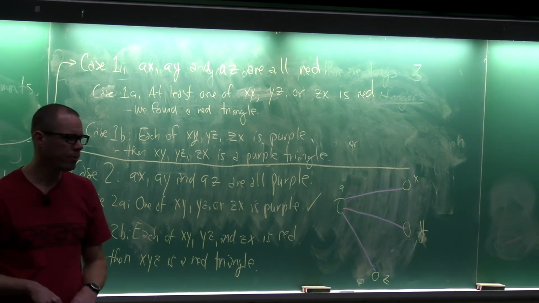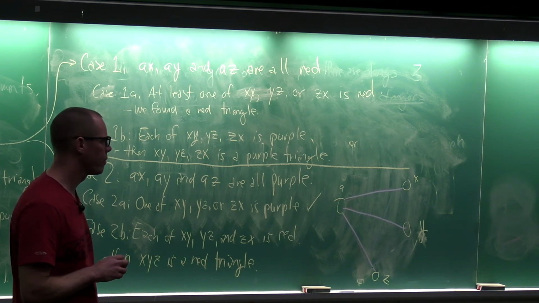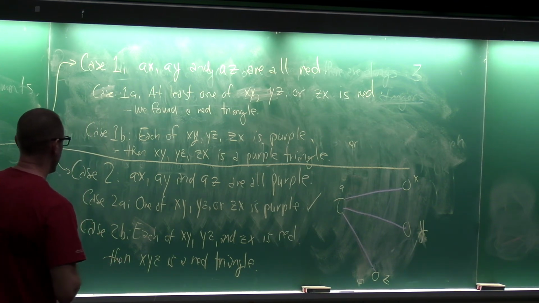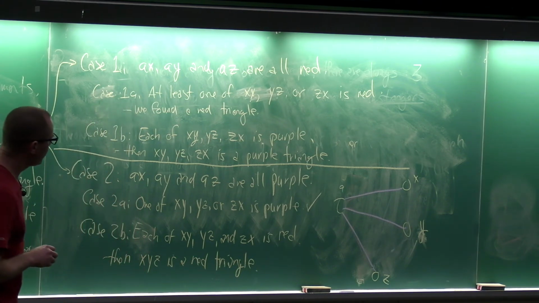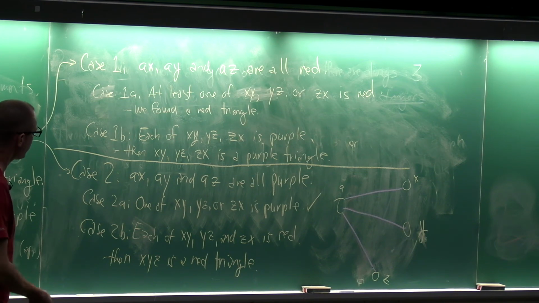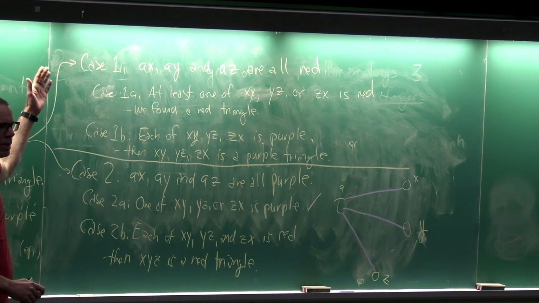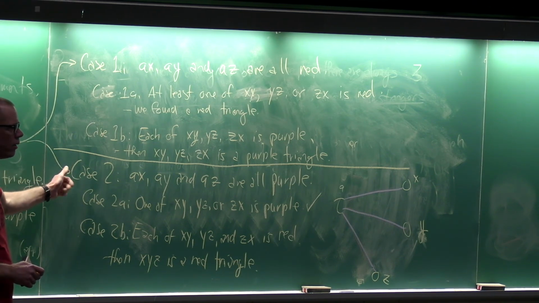Yeah. I'm looking at possibilities because in case AX, AY, and AZ are purple, or in case they're all red, are you looking at possibilities? Are you doing it based on this one? Yeah, I mean, in this particular proof is very constructive. You could think of this thing as basically writing code to find this monochromatic triangle, right?